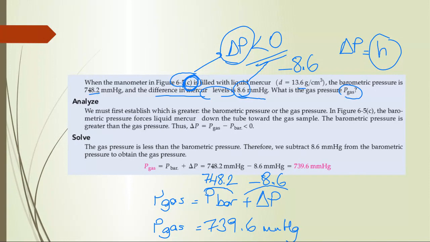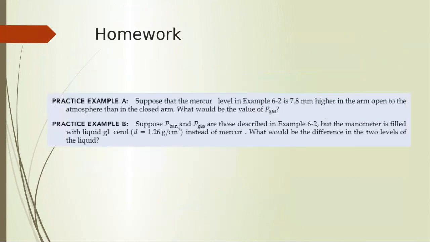And delta P for the B picture is bigger than 0; for C, delta P is smaller than 0. That's it. Is there any question? I think no.